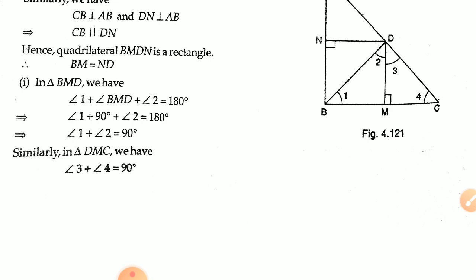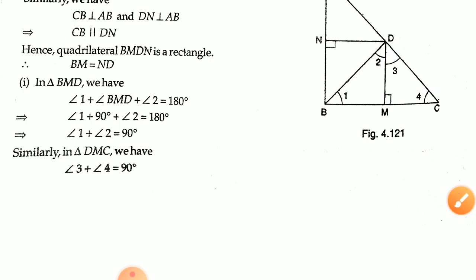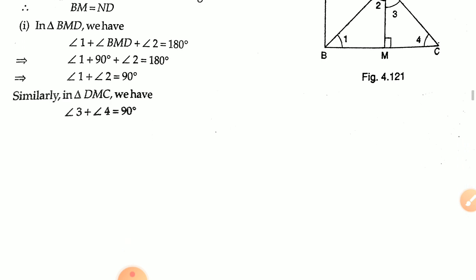Similarly, if we consider triangle DMC, then we have angle 3 plus angle 4 is equal to 90 degrees. Here also we can apply the angle sum property of a triangle.